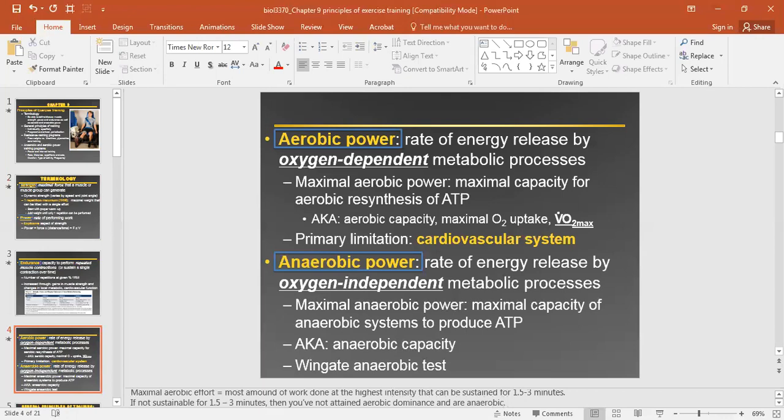As well, if you can sustain it for longer than 3 minutes, then it's a submaximal effort.